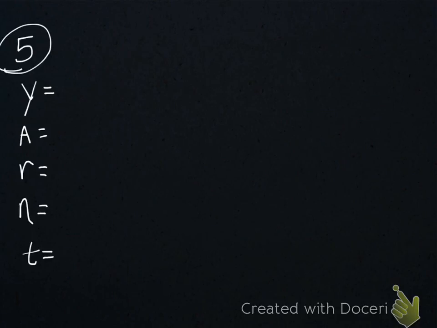Number 5. How much money must be deposited in an account that pays 7% annual interest, compounded quarterly, to have a balance of $4,000 after 5 years? So A is what I'm looking for. 7% turns into 0.07.